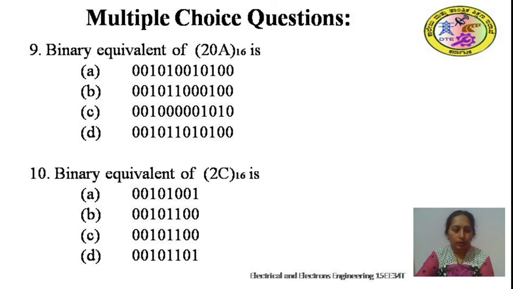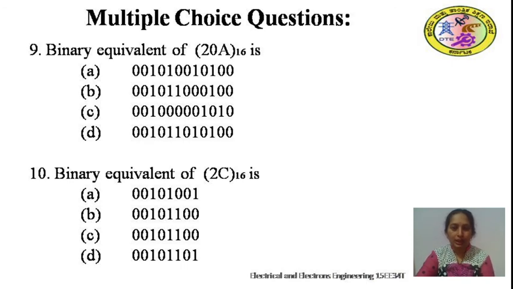Coming to the 10th question, binary equivalent of 2C in hexadecimal. 2 is represented as 0010, so all the options have 0010.